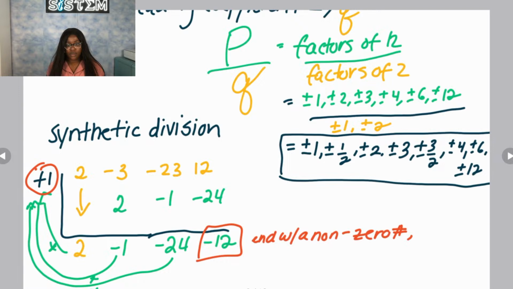So x cannot be 1 as an intercept. That's what this is saying. You can try another one.